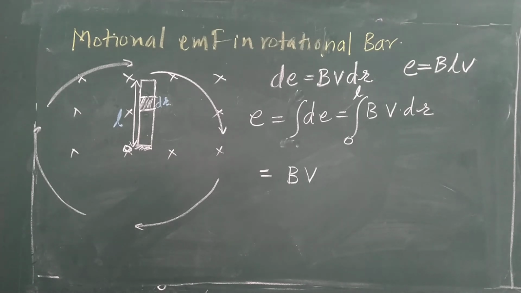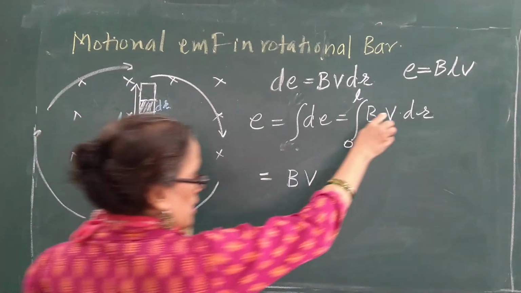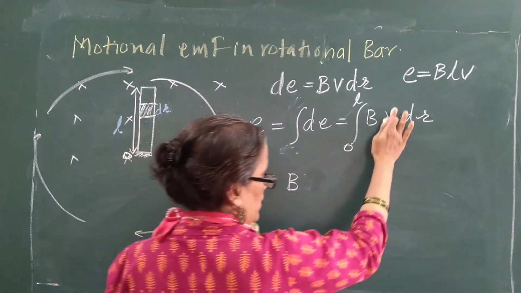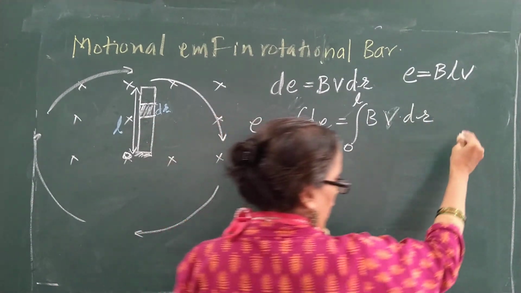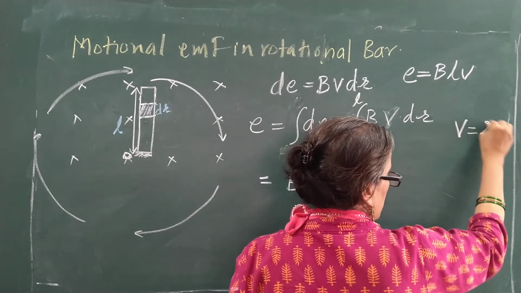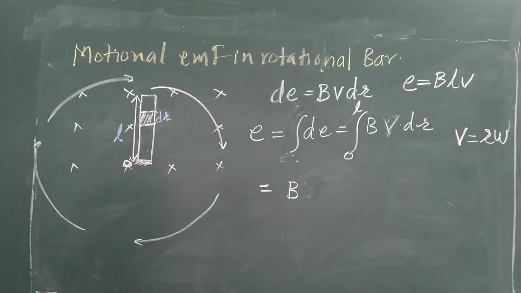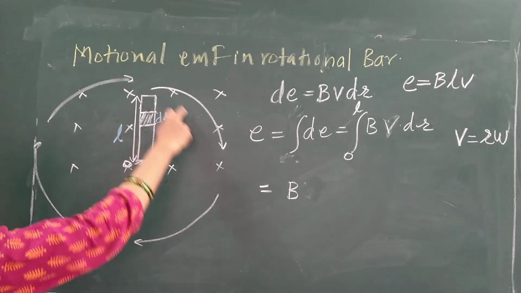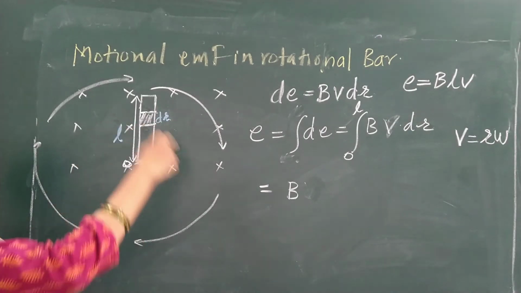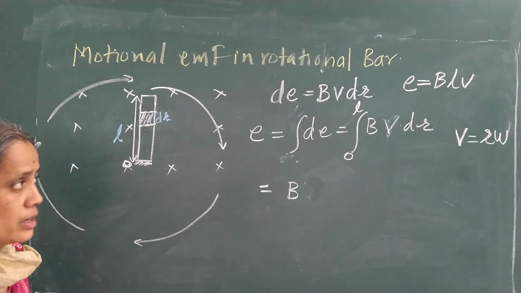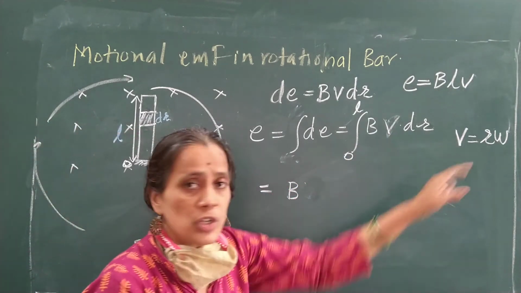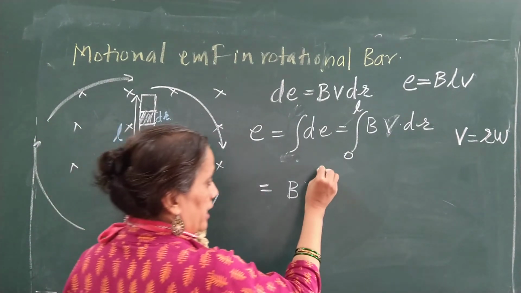Now for this V, I am going to replace it. We know that V is equal to r omega according to circular motion, because this rod is rotating and performing uniform circular motion. So instead of V, I can substitute r omega. So what am I writing?